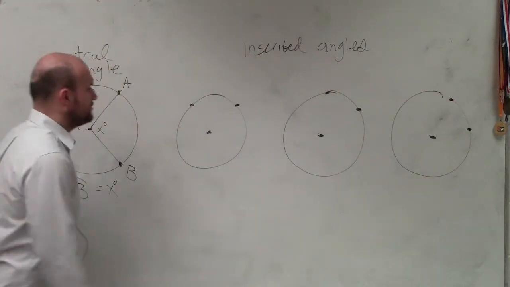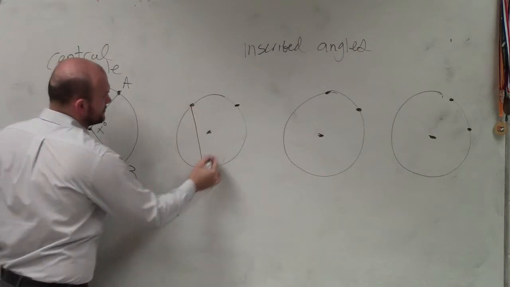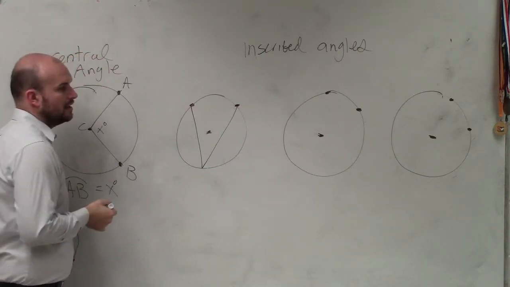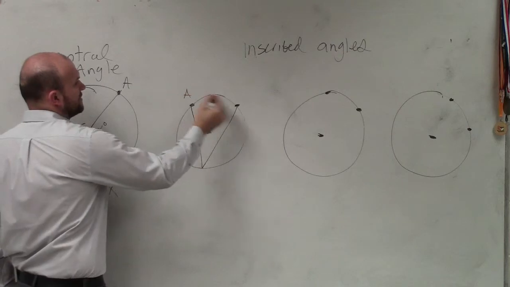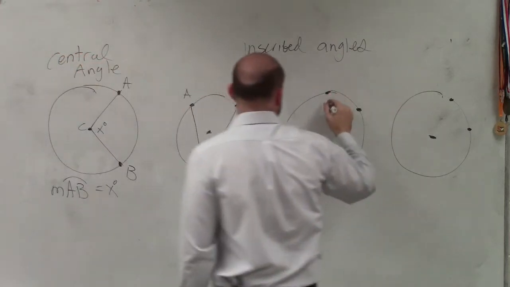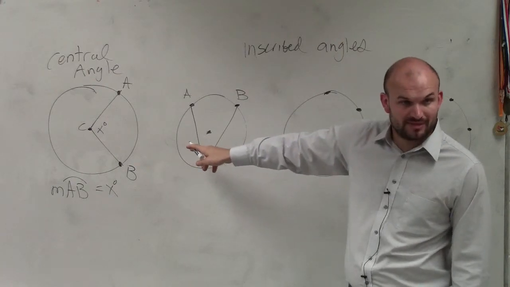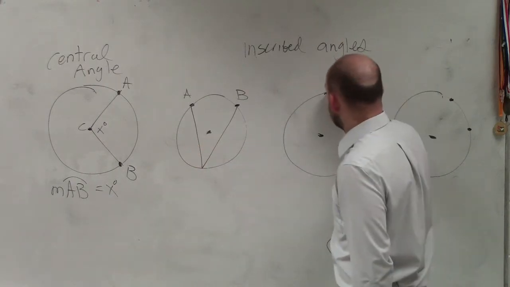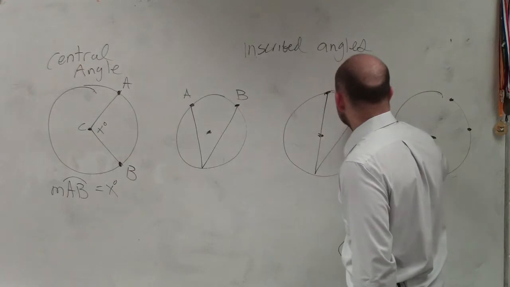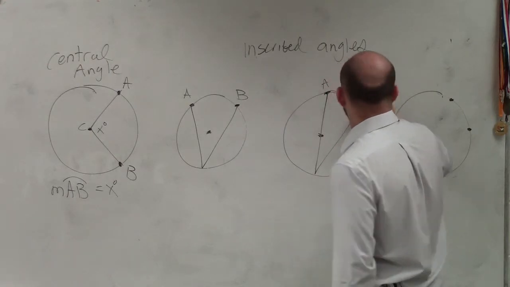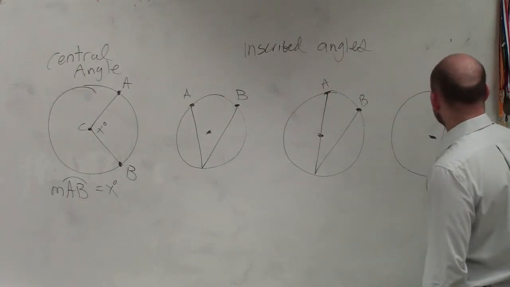So case 1, an inscribed angle. And let's call these A and B. It can either have the center inscribed in between the angle, it can have a line that goes through it, or it can have the center outside of it.